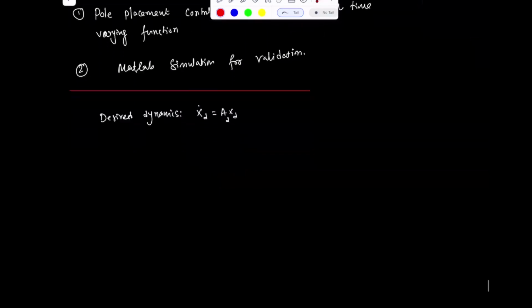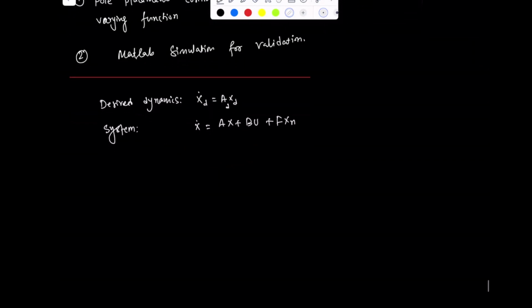And the natural dynamics in state space LTI form, we already had before, the system basically x dot equal to Ax plus Bu plus f xn. So here, if you look at the closed loop control block diagram, this is the summing point, and here we have the controller, the control block, which tries to find the control gain.